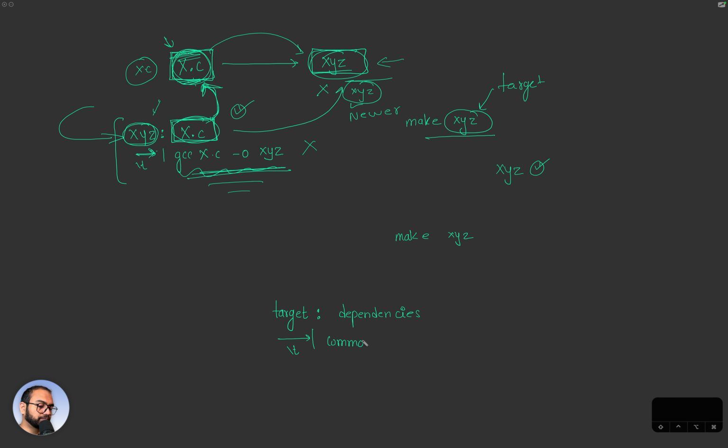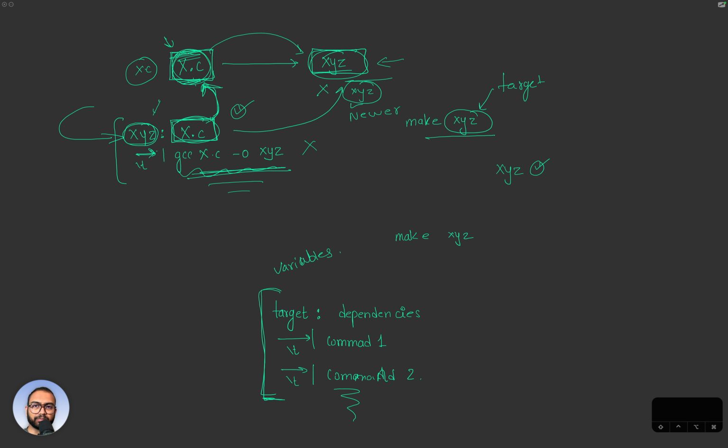And then you can have command 1 here, command 2 here, and so on and so forth. Right. So that's the idea of make. It also has notions of variables and whatnot. Variables, functions, this and that. But this is the basic syntax.